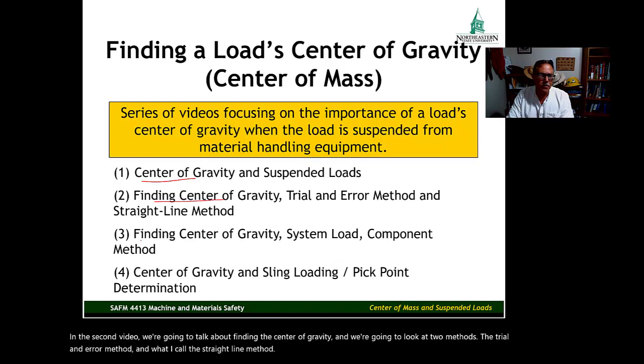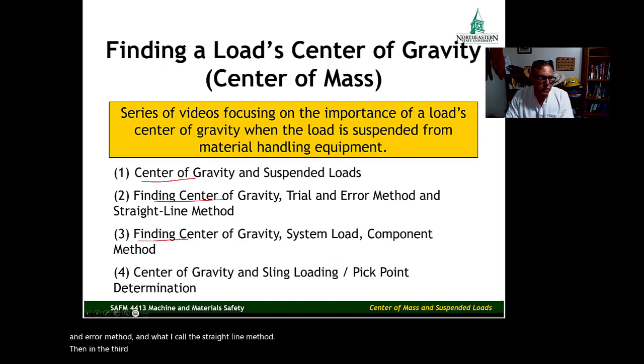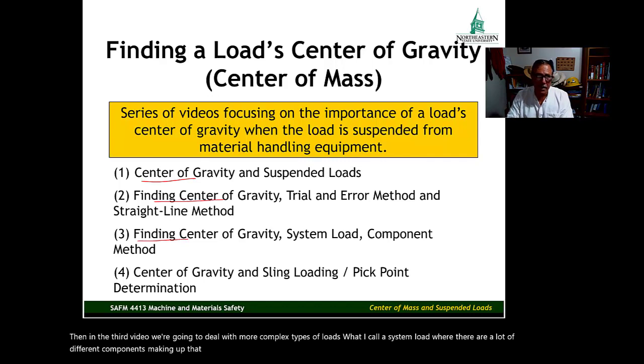Then in the third video, we're going to deal with more complex types of loads, what I call a system load, where there are a lot of different components making up that load, and you really need math to find the center of gravity for this type of load.